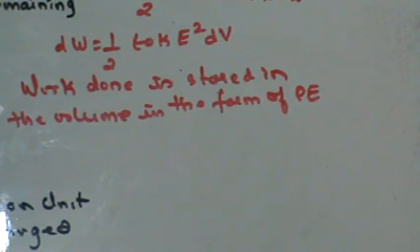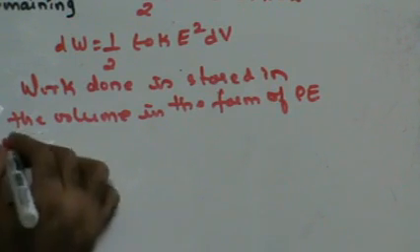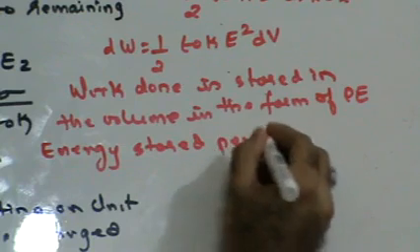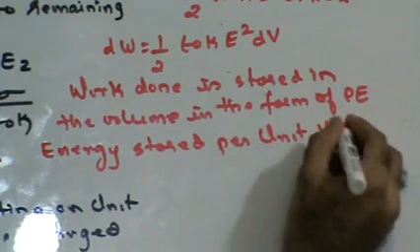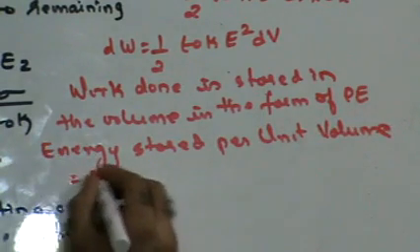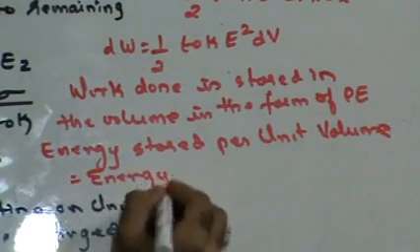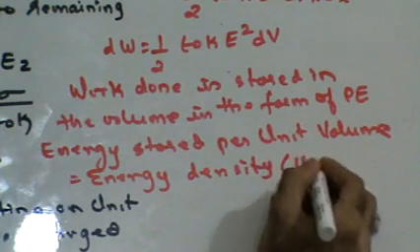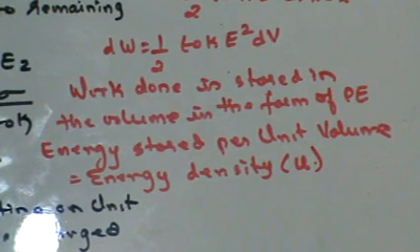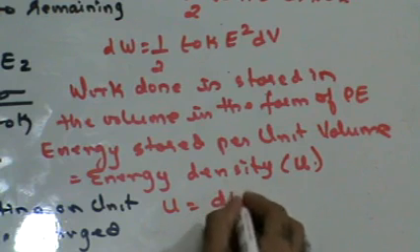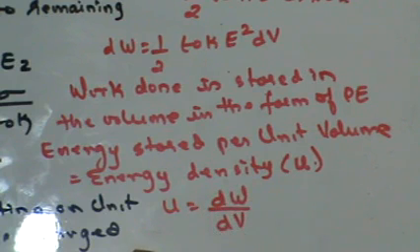Therefore, I can say that energy stored per unit volume, we will call this energy density, and it is represented as capital U. Therefore, I can say energy density is work done per unit volume.